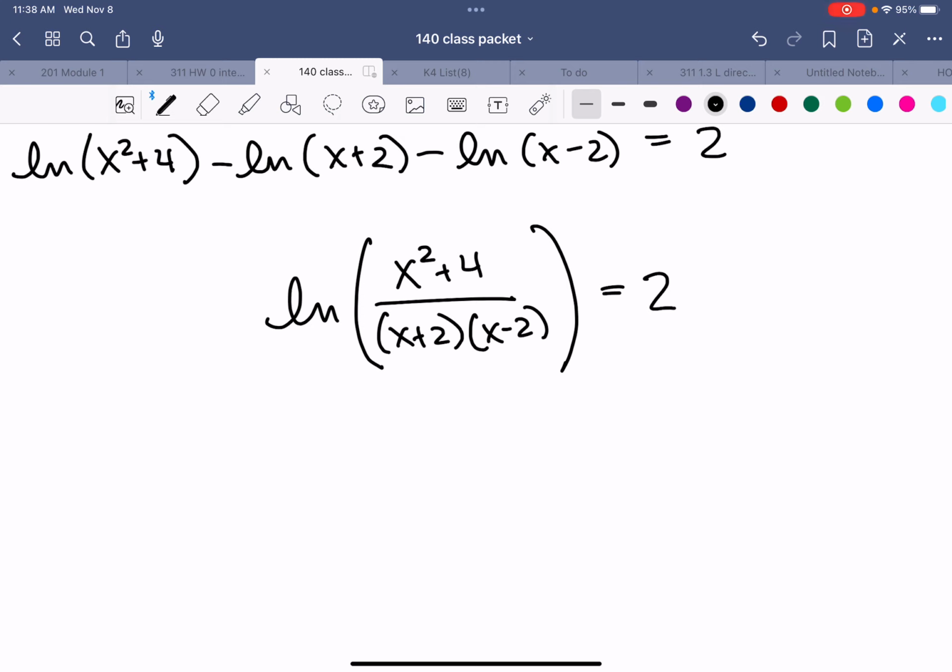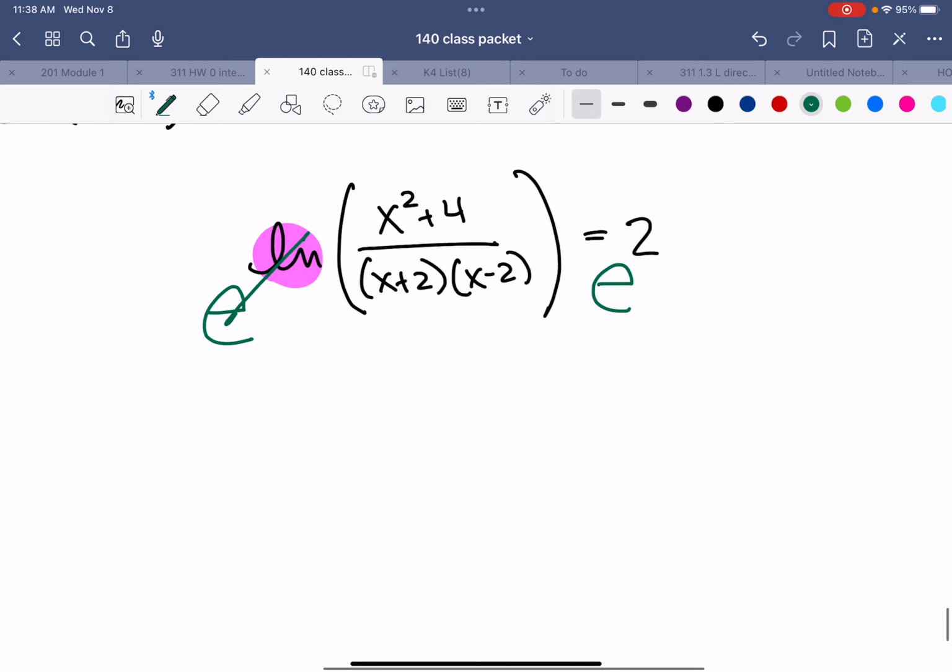Well, we can get rid of this natural log here by using the proper exponential function. The natural log has base e, so I can raise both as a power of e. So take the e of both sides, and that will cancel out my e and my ln. And I'll be left with this, x squared plus 4.